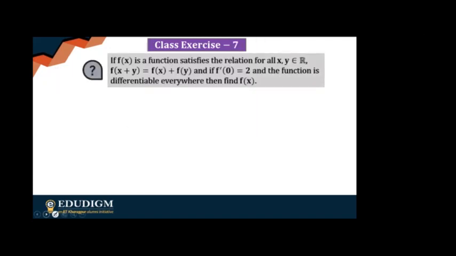So let's just take another problem. Exercise 7. What you have been provided here with is the fact that f of x plus y is fx plus fy, and also an additional information that f dash 0 is equals to 2, and this is differentiable everywhere, and you are supposed to find out the original form of fx.